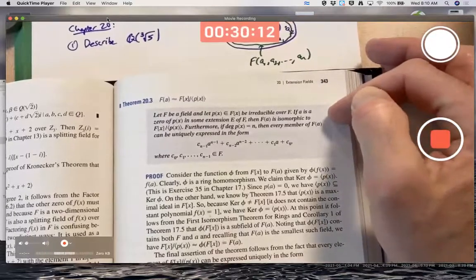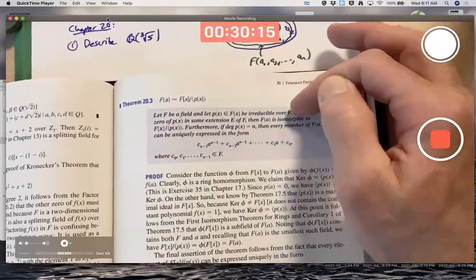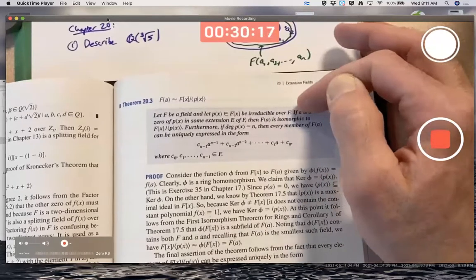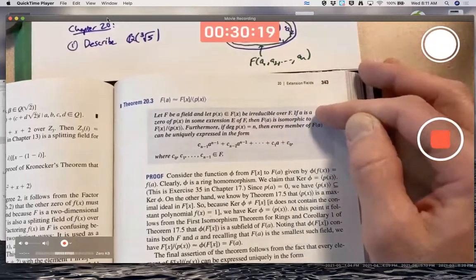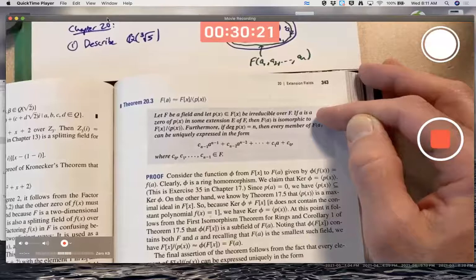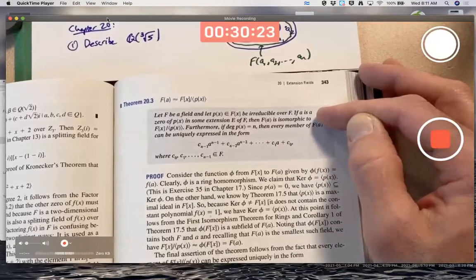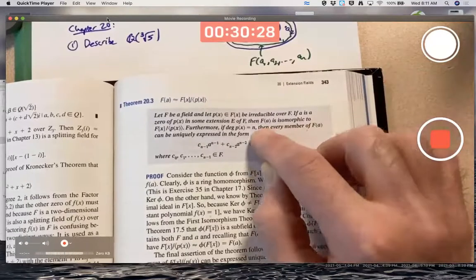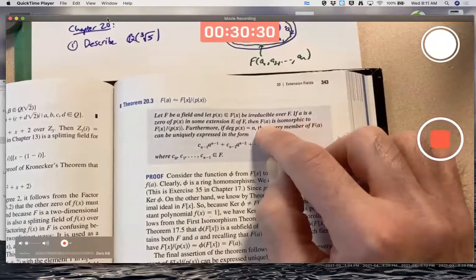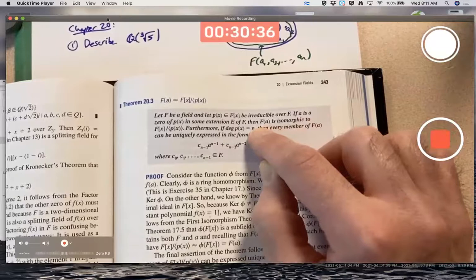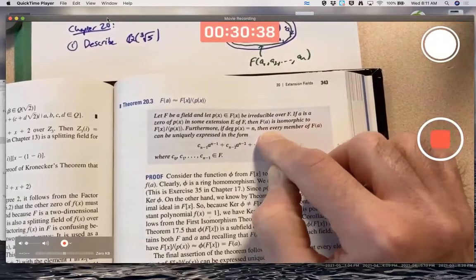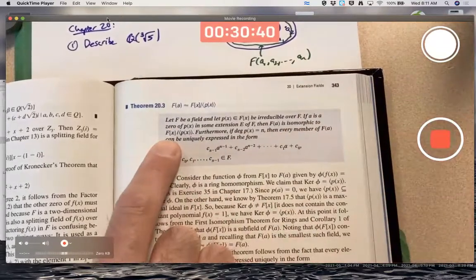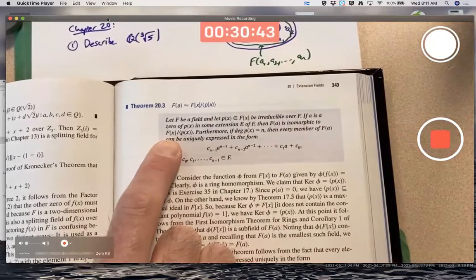Let F be a field, and suppose you've got an irreducible polynomial over F. And if a is a 0 of that polynomial in some extension E of F, then F of a, meaning the smallest subfield of E containing both F and a, is isomorphic to this factor ring, which would be a field, because p of x is irreducible.